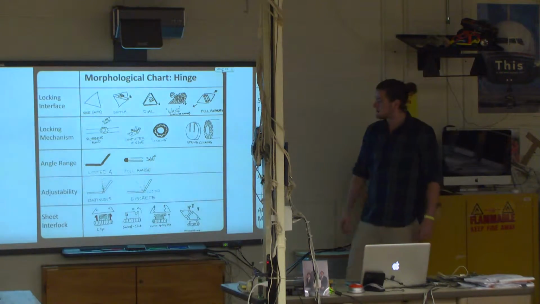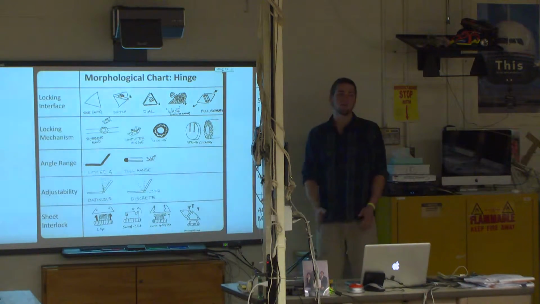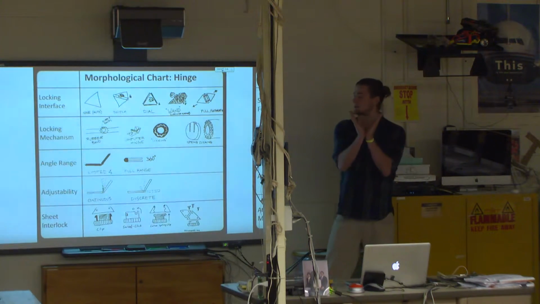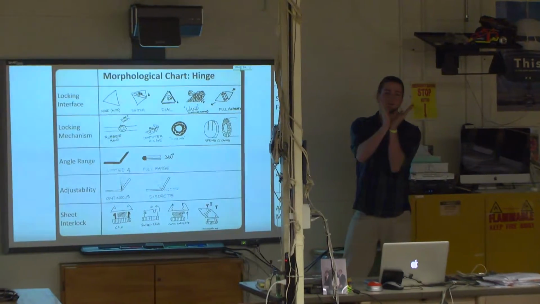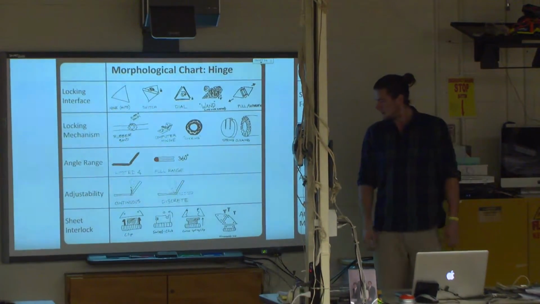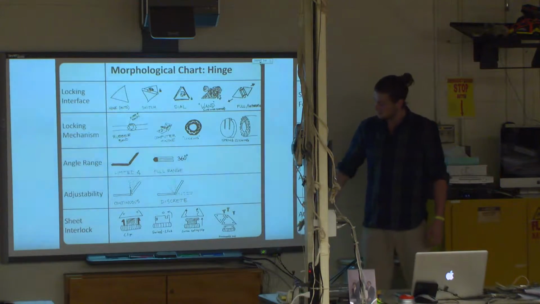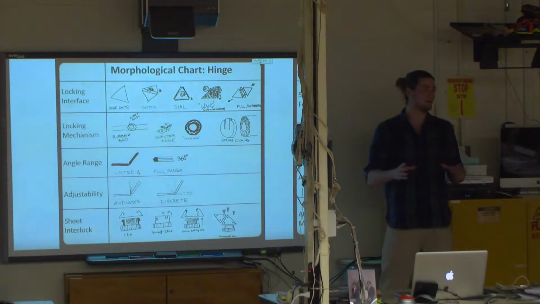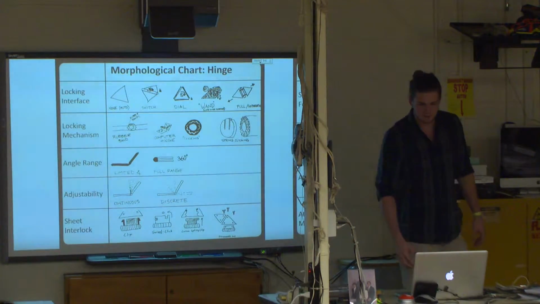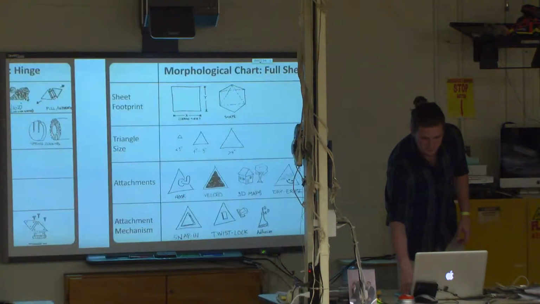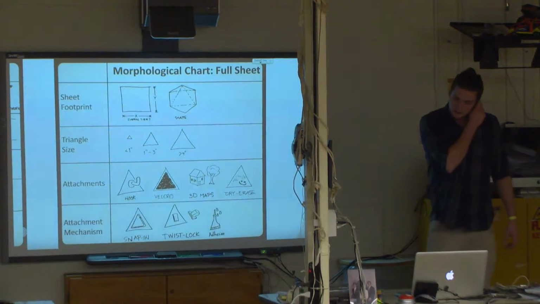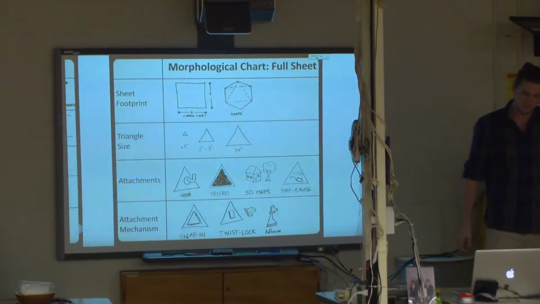We looked at adjustability. For each triangle, when it interlocks, do we want it to be continuous or discrete? Can it lock at different angles, or can it lock at any angle? And then at the bottom, this is probably the most important, is the sheet interlocking, how the hinge is locking into the triangle. So just an idea of the technical decisions that were made when making the quilt bill.